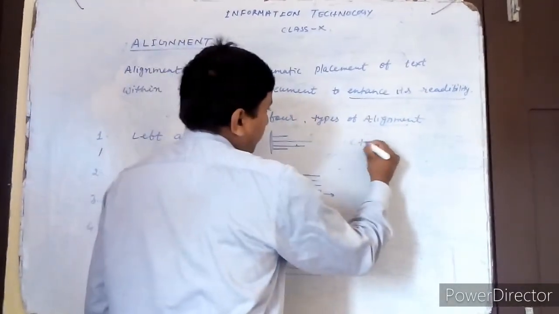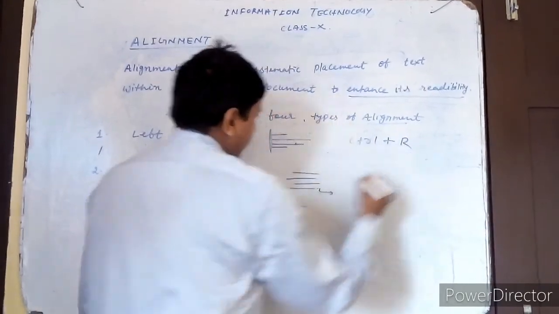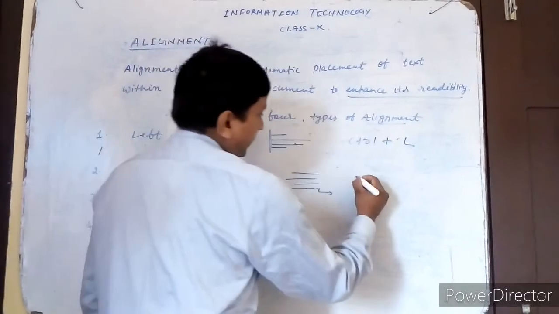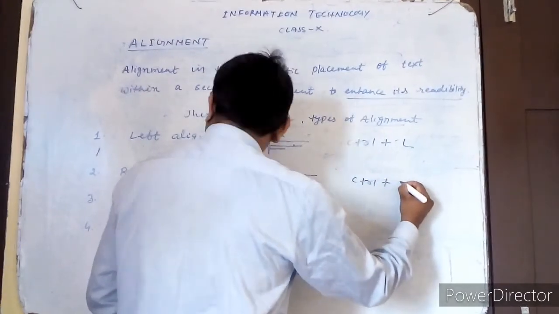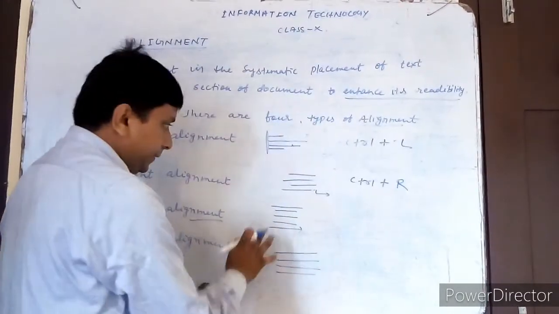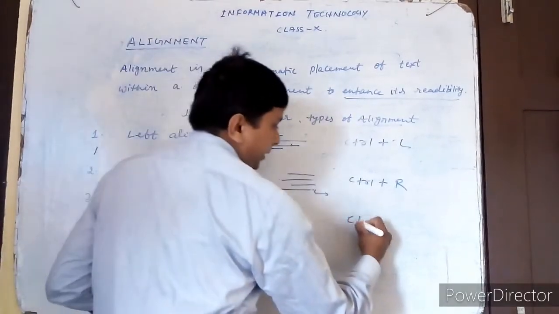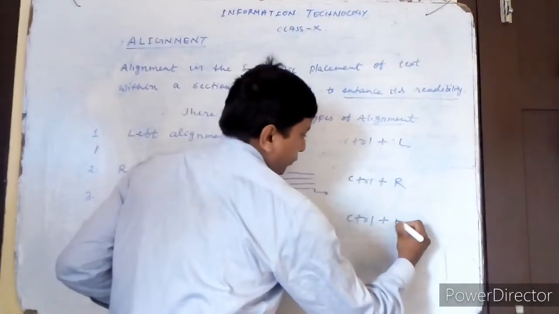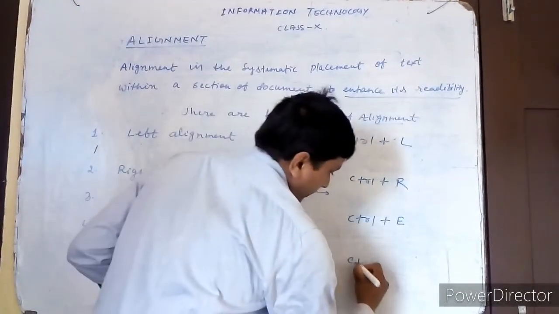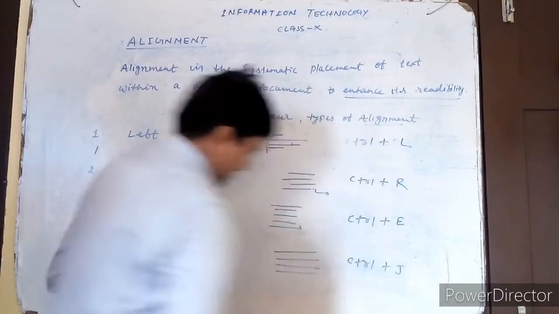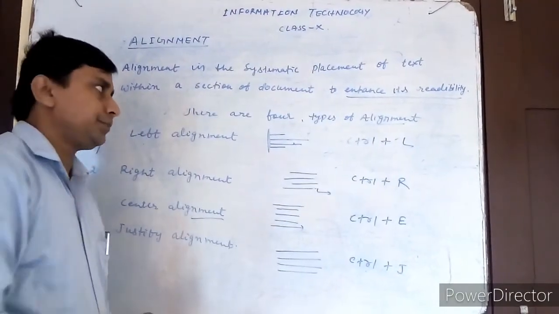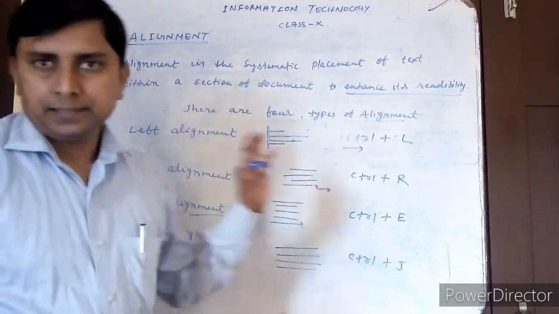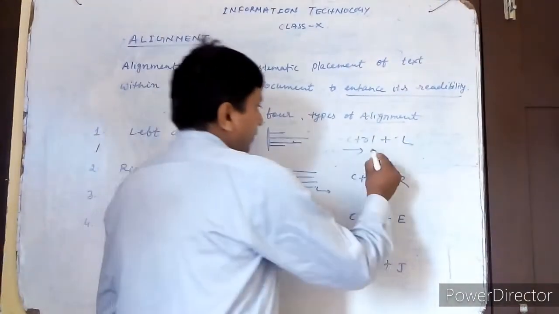Left alignment is Control plus L, right alignment is Control plus R. For center we cannot use C because Control C is reserved for copy, so Control E is for center and Control J for justify. To apply this, first of all, we have to select the paragraph and apply the Control shortcut.